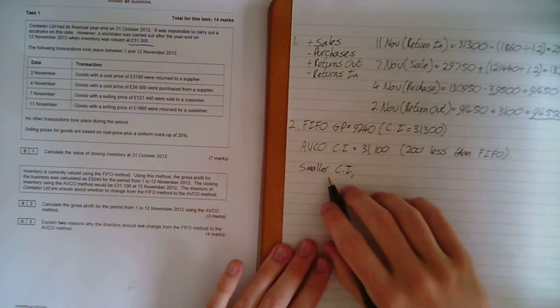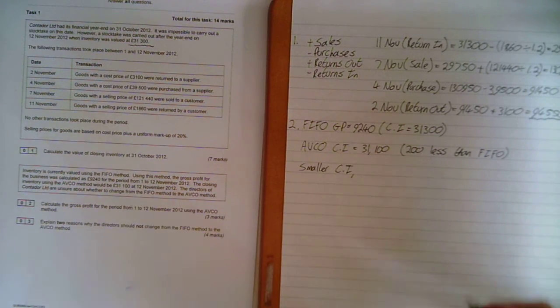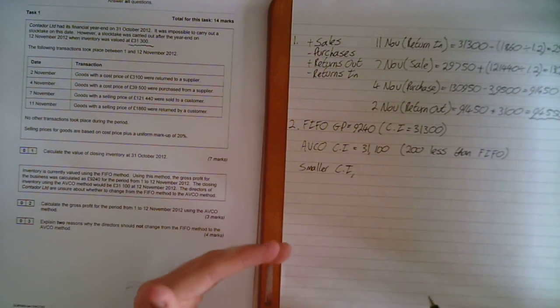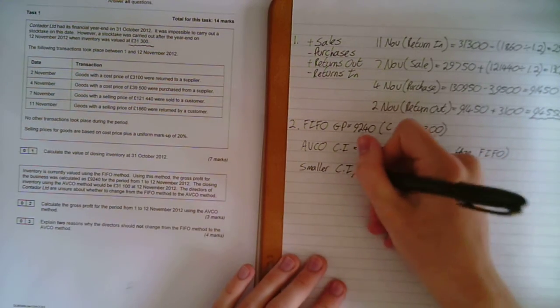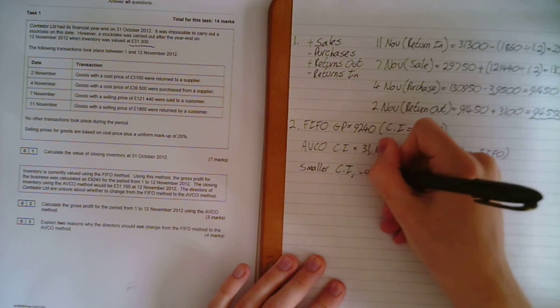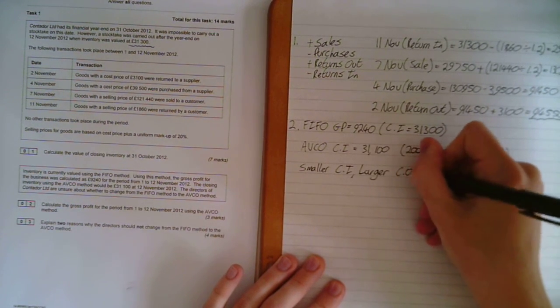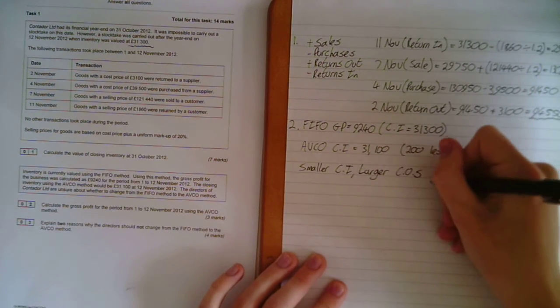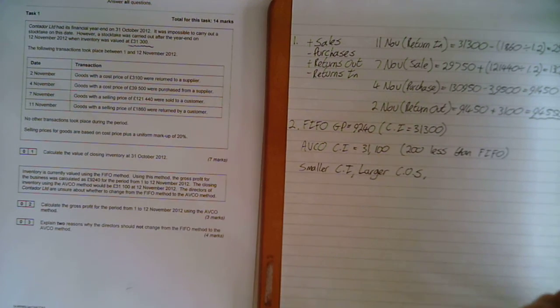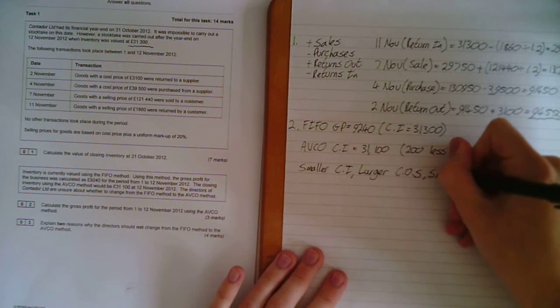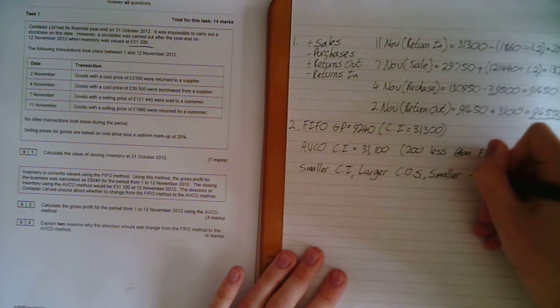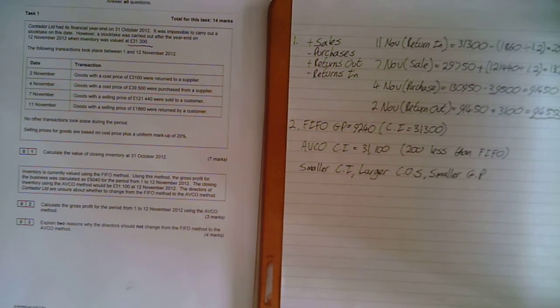So it's a smaller closing inventory, and closing inventory is taken away from our cost of sales. So a smaller closing inventory is just going to make our cost of sales bigger. So we're going to have a larger cost of sales. So a larger cost of sales is taken away from our revenue to give us a smaller gross profit.